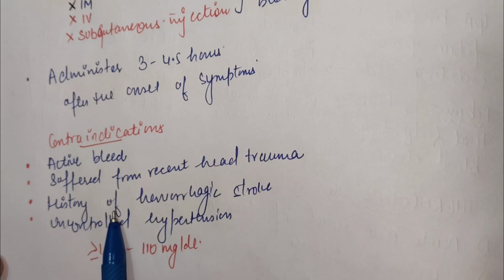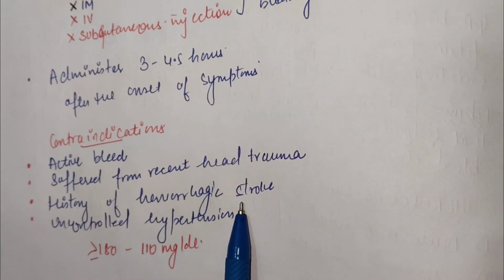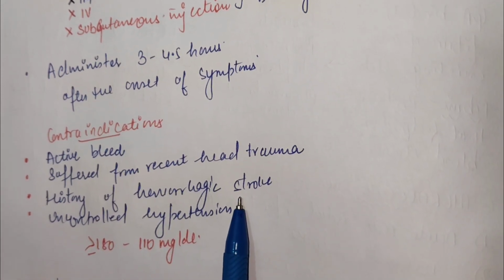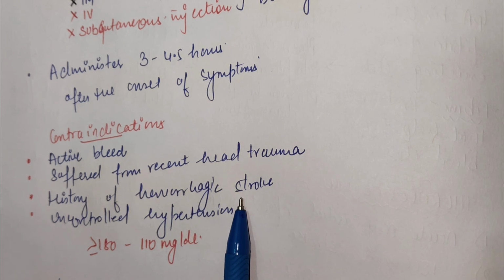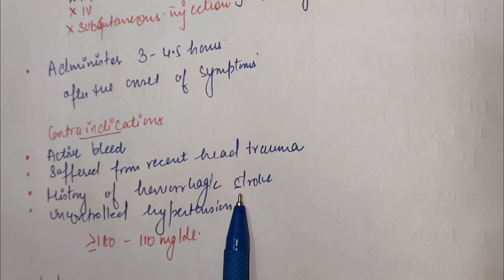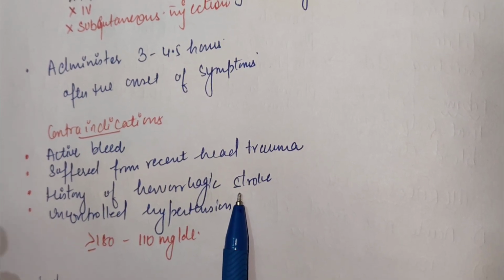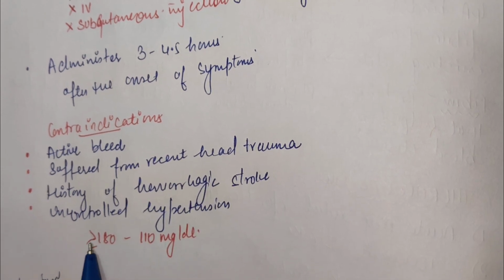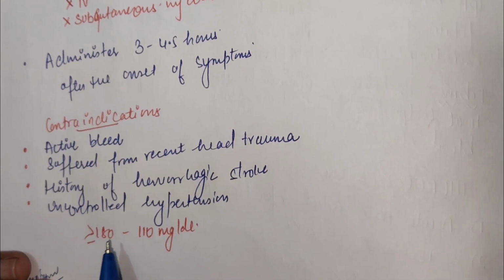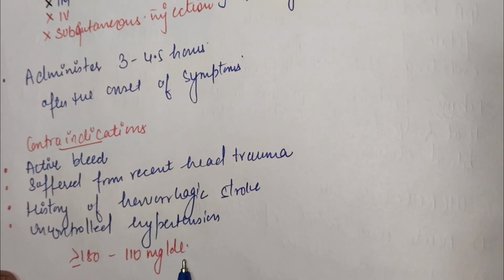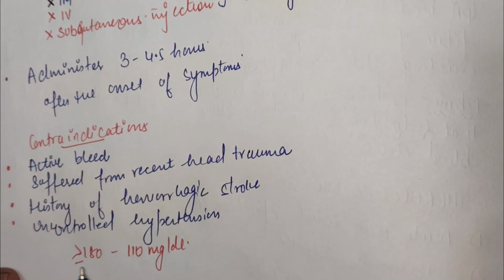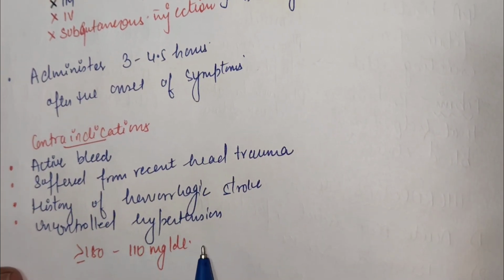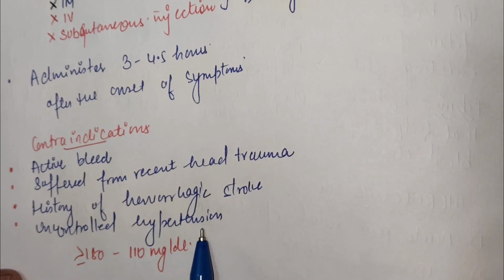Then a history of hemorrhagic stroke: as the patient already has a bleed, we cannot give TPA. Another one is uncontrolled hypertension, that is, 180/110 mmHg or more. In the case of uncontrolled hypertension, we cannot give this TPA.